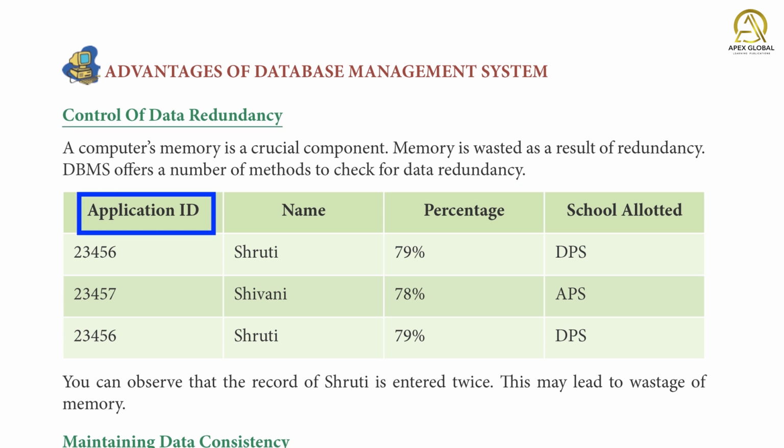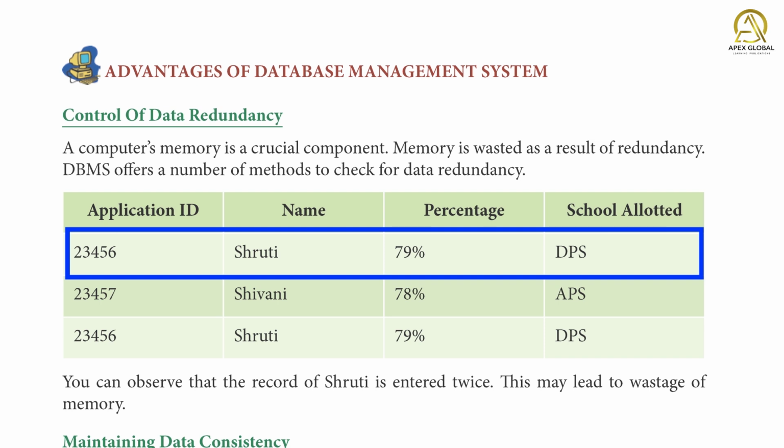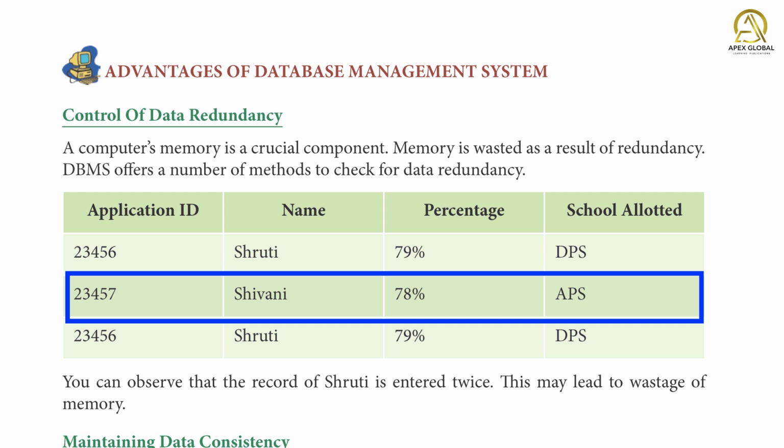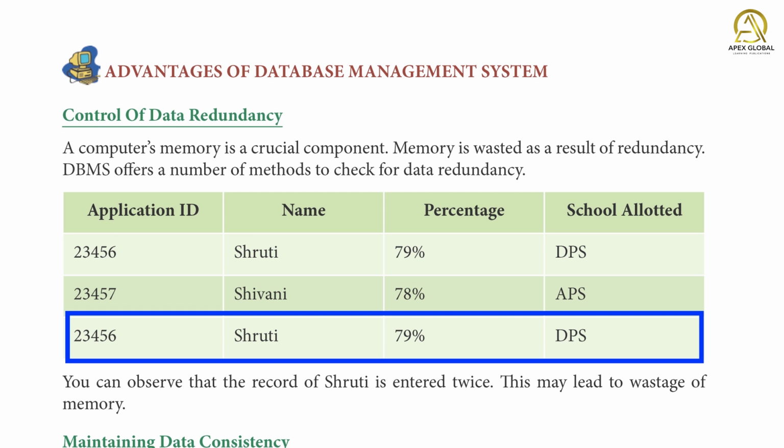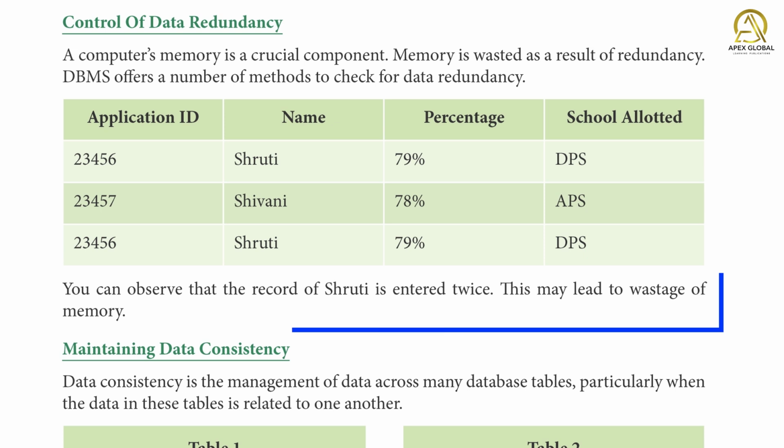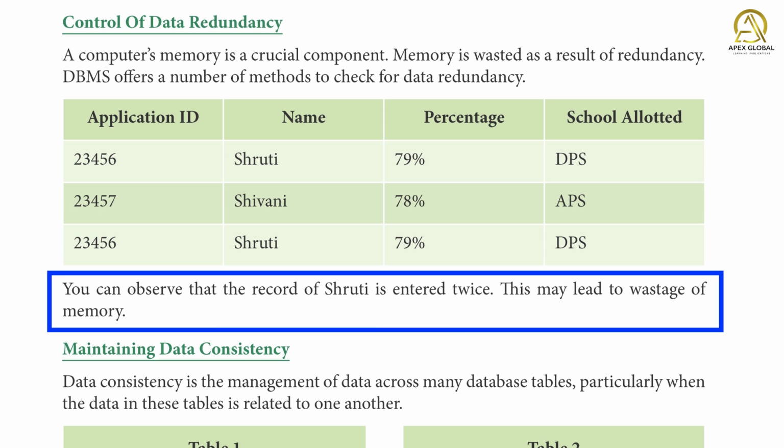In the table with columns Application ID, name, percentage, school allotted, you can observe that the record of Shruti, 79%, DPS, is entered twice. This may lead to wastage of memory.